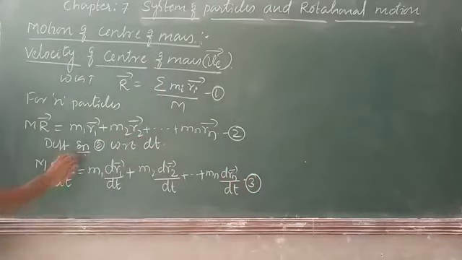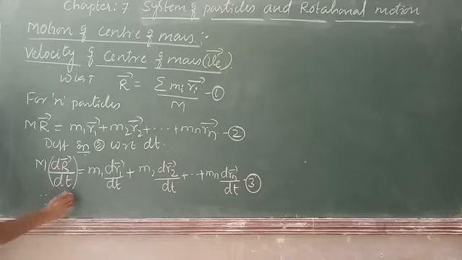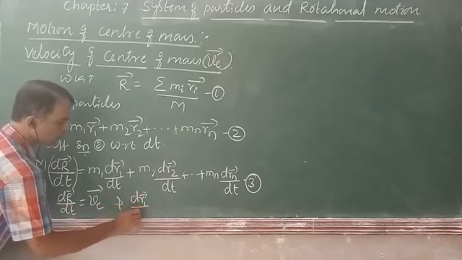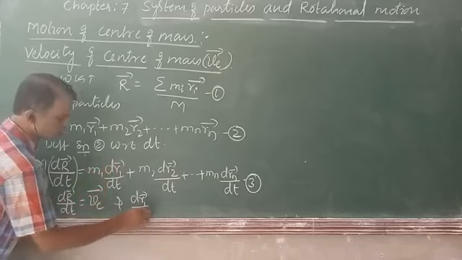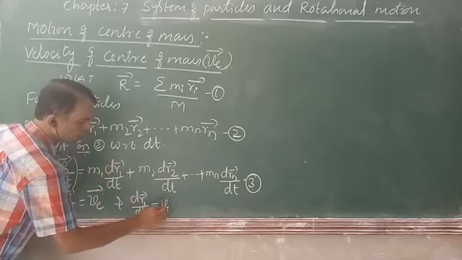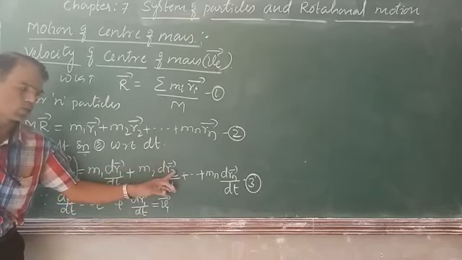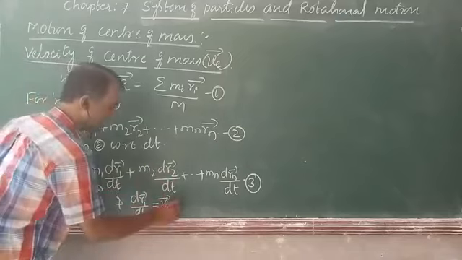We know that dr divided by dt is the rate of change of displacement over time, so it is nothing but velocity. So dr vector divided by dt is equal to vc, the velocity of the center of mass, and dr1 vector divided by dt is v1, the velocity of the first particle, v2 the velocity of the second particle, and so on.